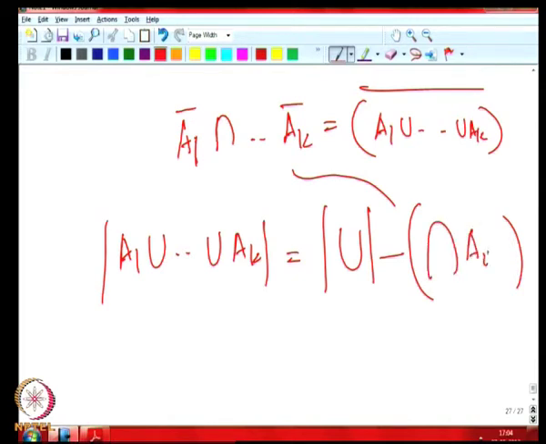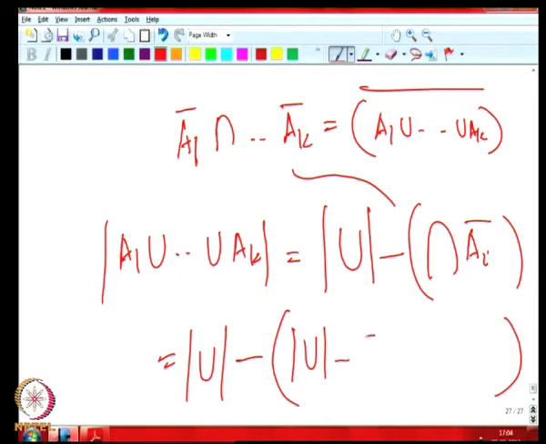The intersection of AI complement will be, by substituting from the formula, U minus sigma AIs plus sigma ij AIJs, and AI intersection and so on, right.